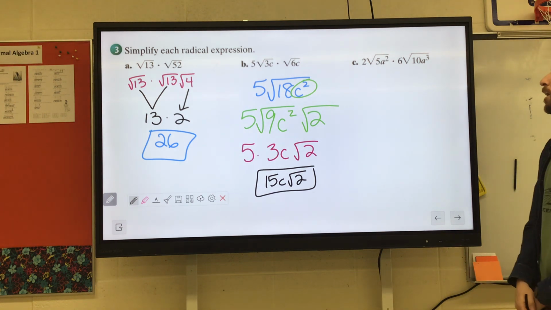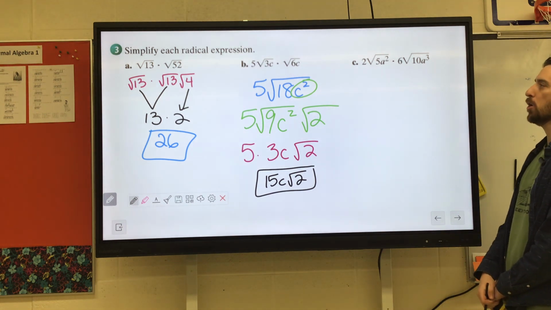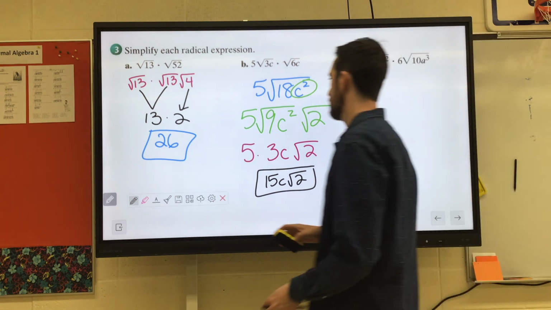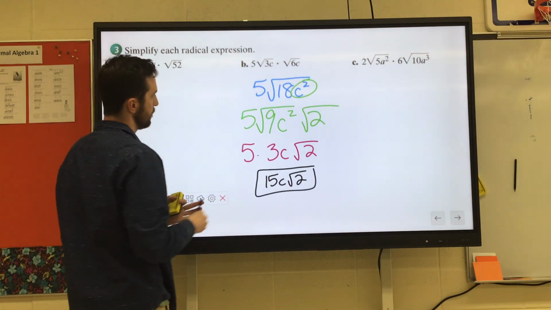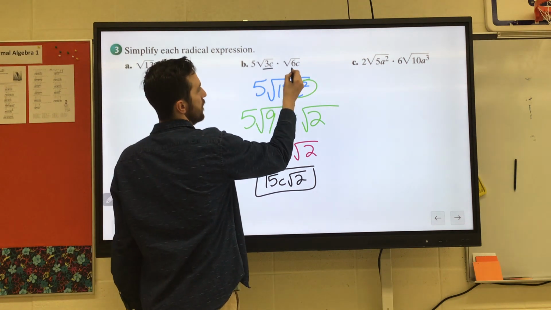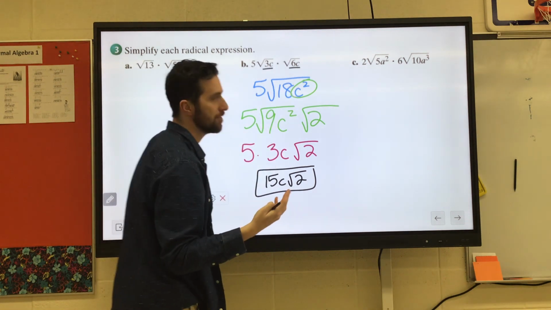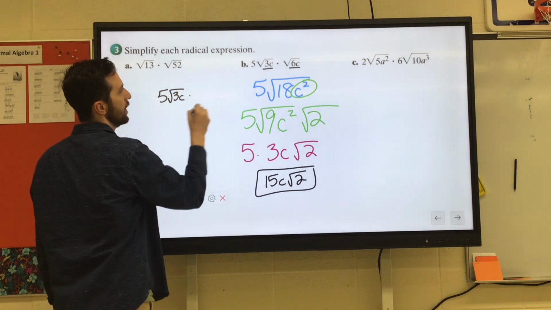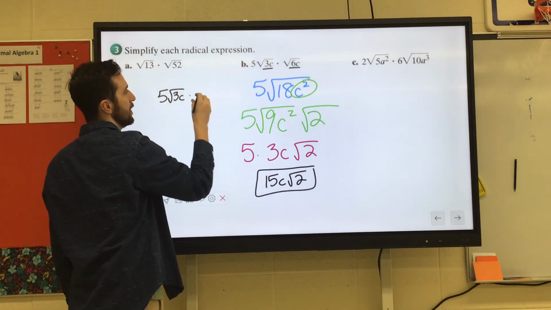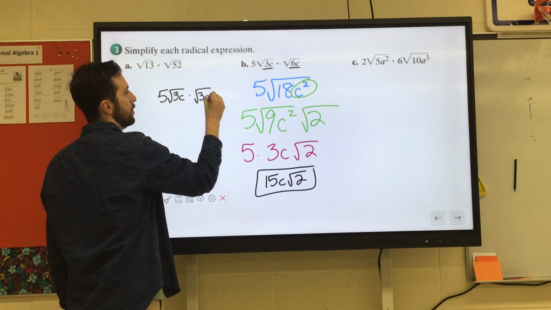Oh, wow. Check this out. If on that one, you were like, oh my gosh, 3c goes into 6c. Check this. 5 root 3c times, let's make 6c 3c times 2.